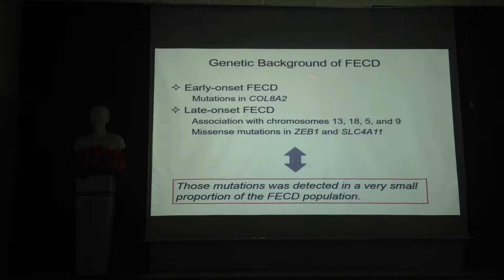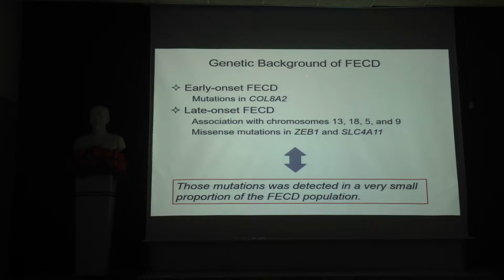So many of these findings are mainly coming from Caucasian patients, from the United States or so. Initially, type 8 collagen, COL8A2, is related to early onset Fuchs endothelial corneal dystrophy.